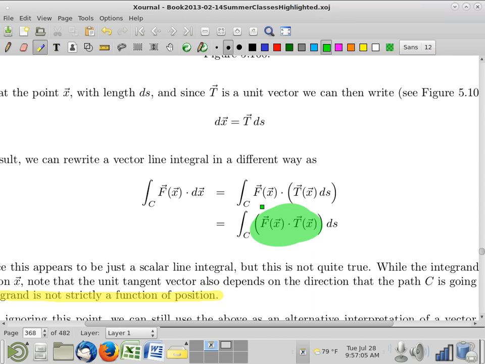This expression, this dot product, depends on the unit tangent vector, which depends on which direction the curve is pointing. So you can't just give me an x and I'll plug into a formula and know what this integrand is. I need to know what the curve is doing. So this integrand depends on the curve in a way that our old scalar line integrals never did.